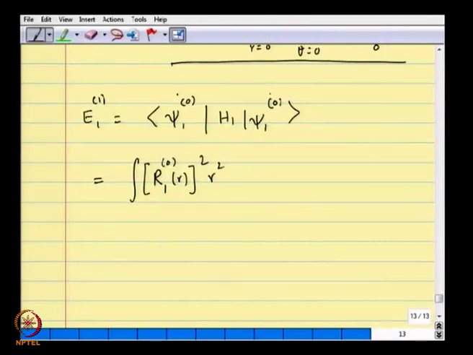Therefore, we can write r square dr from 0 to infinity, times a mu naught.